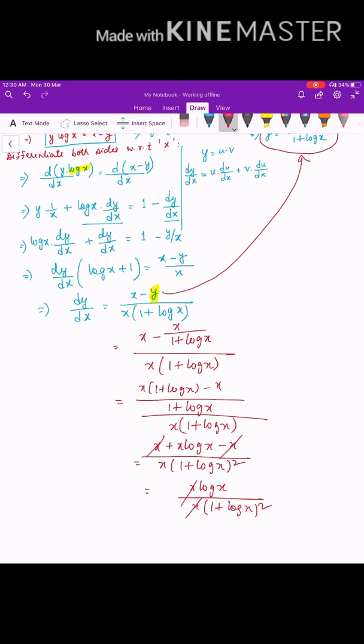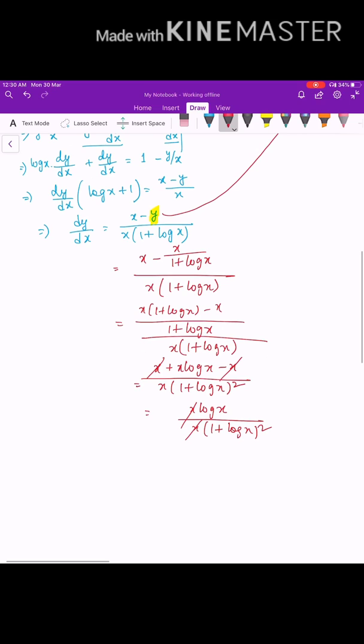So I'm left with the final expression, that is log x upon (1 plus log x) whole square.